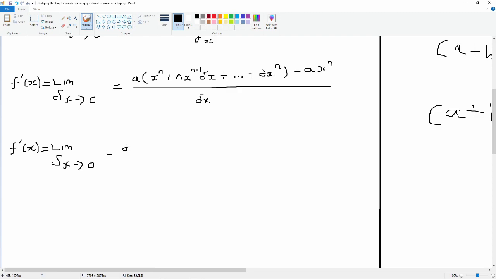So this is a x to the power n plus a n x to the power n minus 1 times delta x plus, and an awful lot of terms.